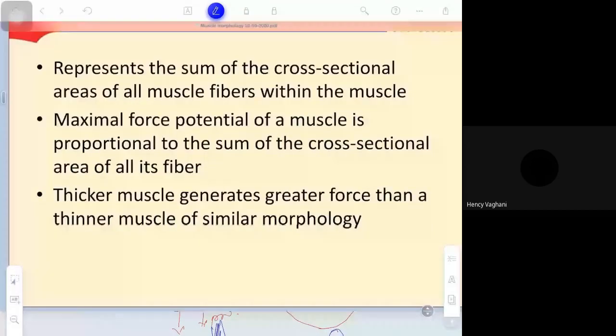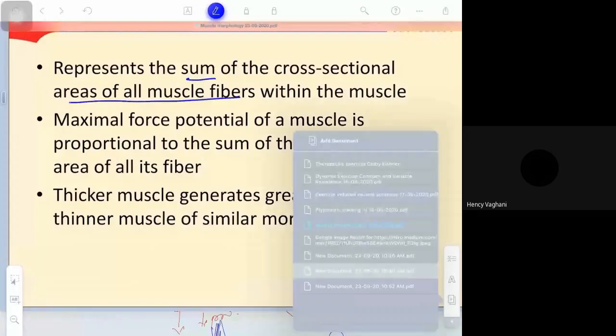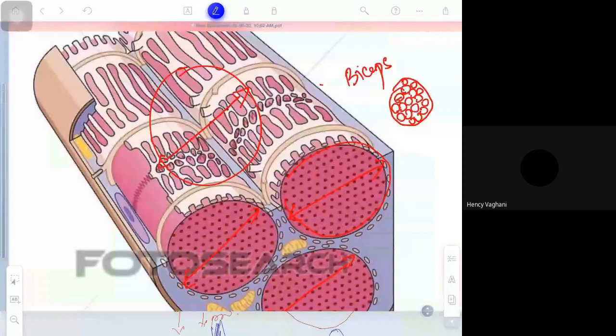It represents the sum of cross-sectional areas of all muscle fibers within the muscle. That is, first you are adding the cross-sectional area of one muscle fiber.